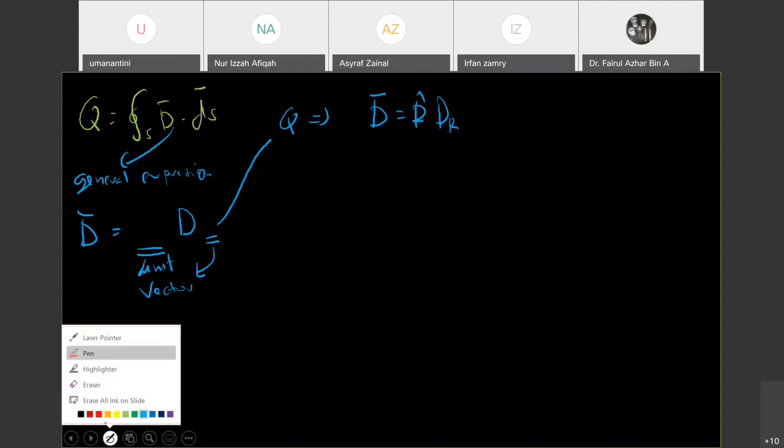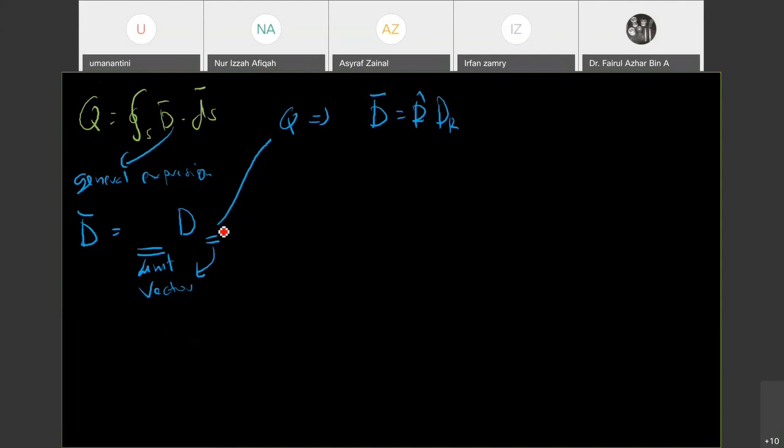Okay, so kalau kita punya Q in terms of rho L, rho L biasanya dia punya coordinate system adalah cylindrical, then we will have D is equal to R cap D_R.